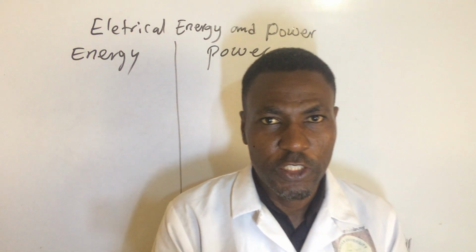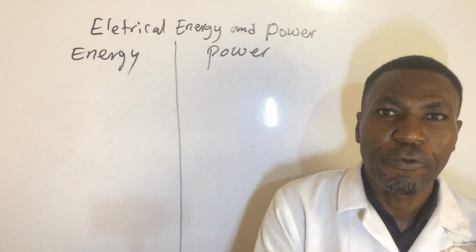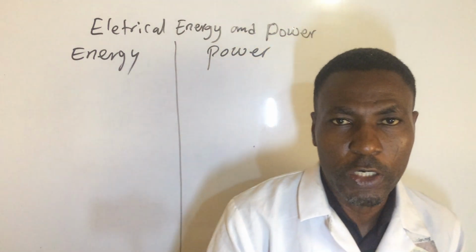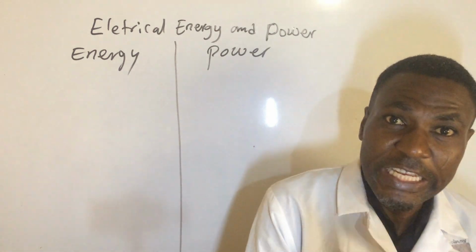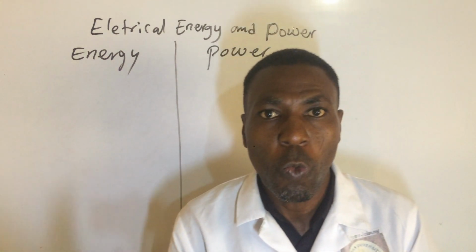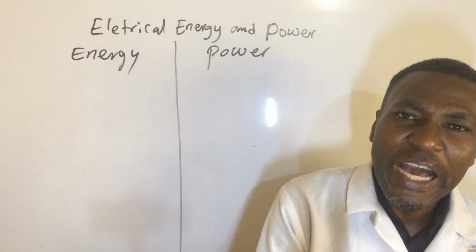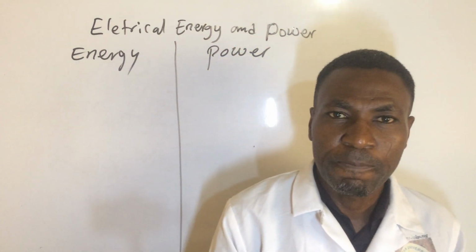Electrical energy is the ability of your electrical appliances to do work. Energy is the ability to do work. So electrical energy is the ability of the electrical appliances to do the work.